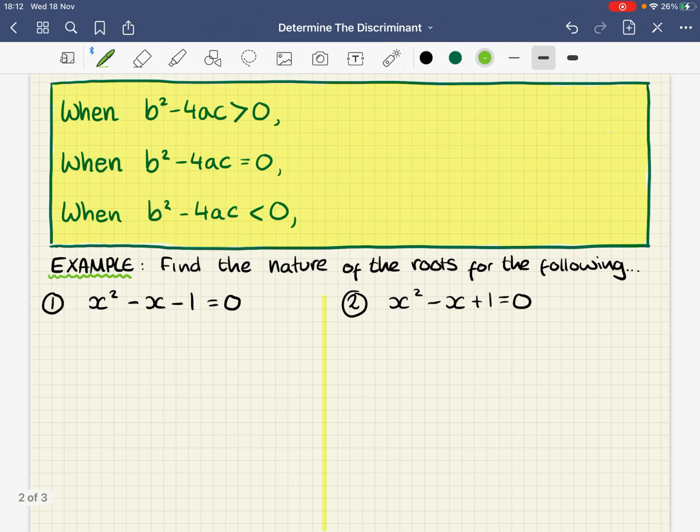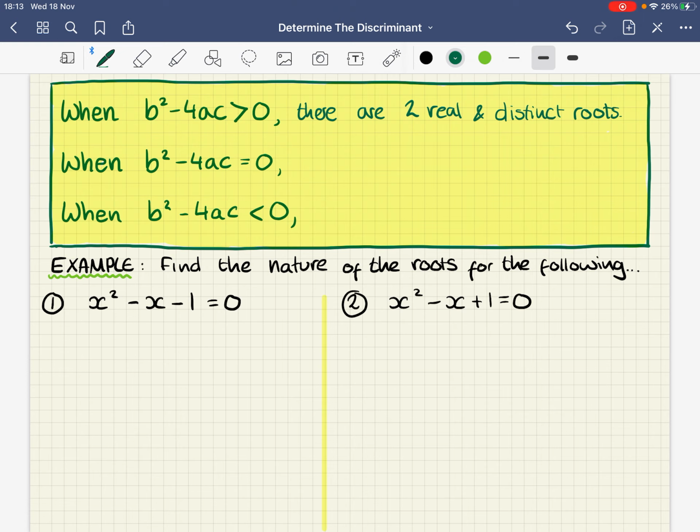So here are some little statements. When b squared minus 4ac is greater than 0, there are 2 real and distinct roots. Distinct means they are different.